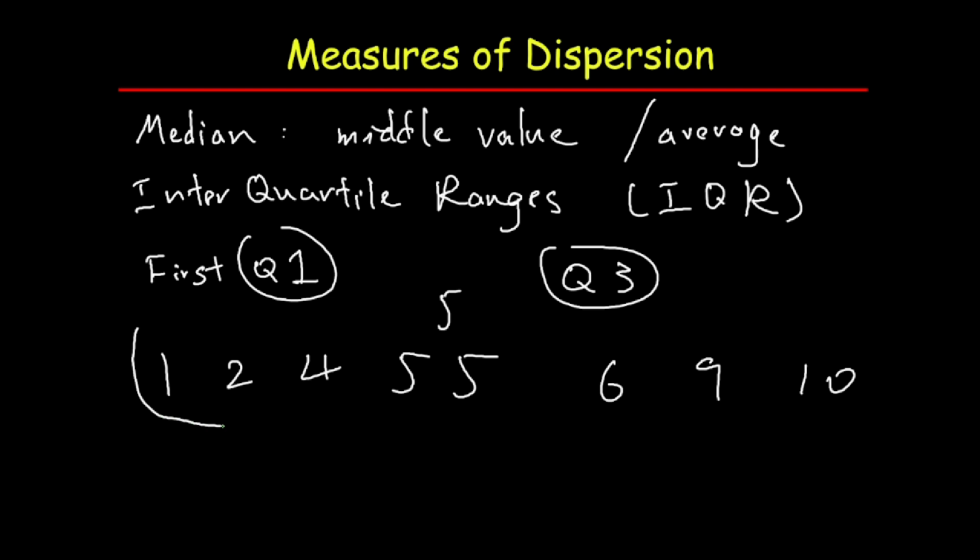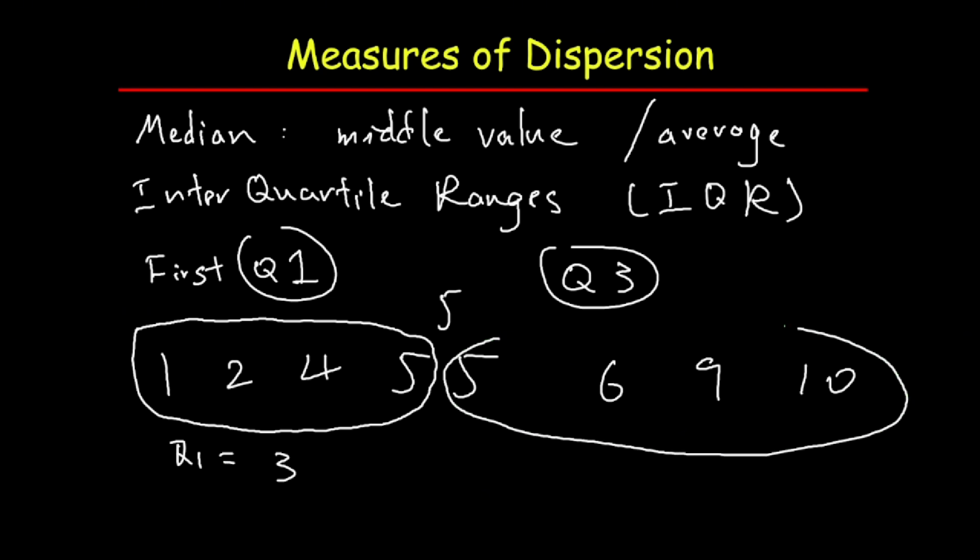So now we would be looking at the first half of the data set, and then we would take a median from here. So once again, the median here would be 3. So Q1 would be 3 in this case. Same thing here. We take the median from this side, 6 and 9, that would be 7.5. So Q3 equals 7.5.